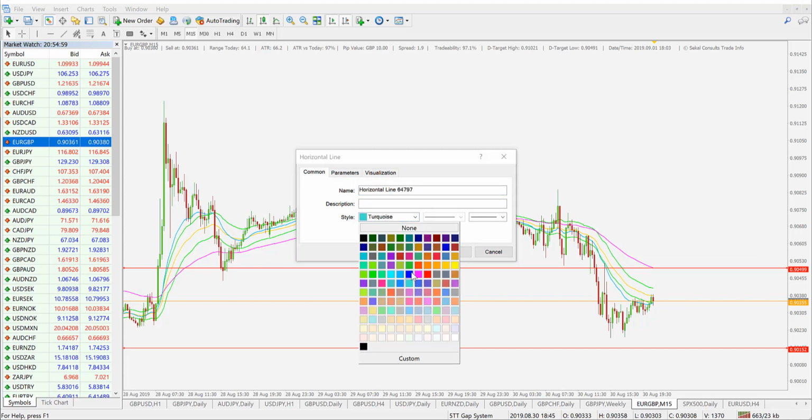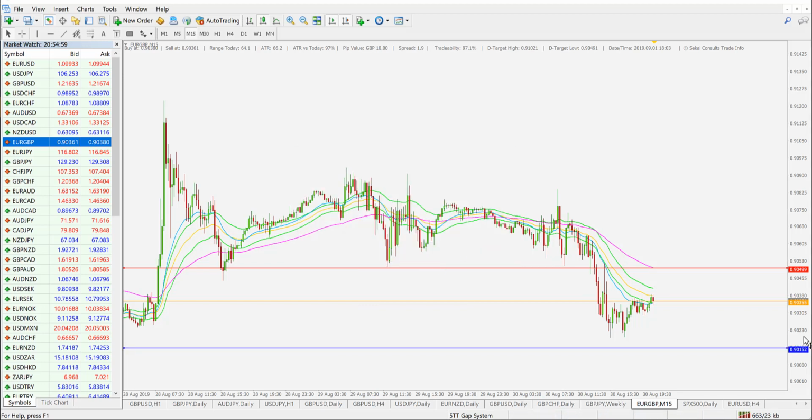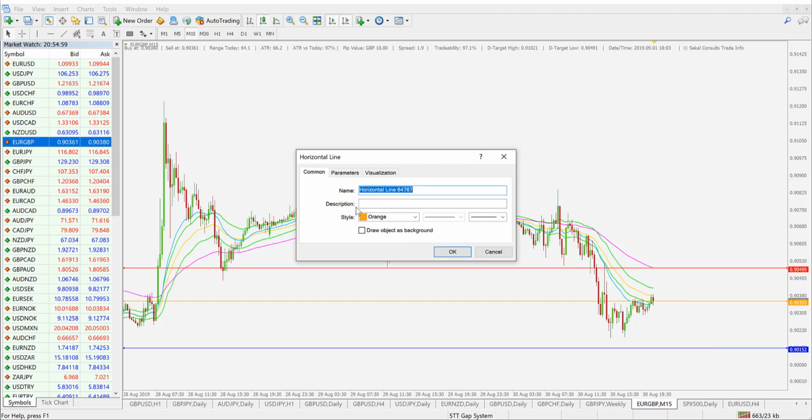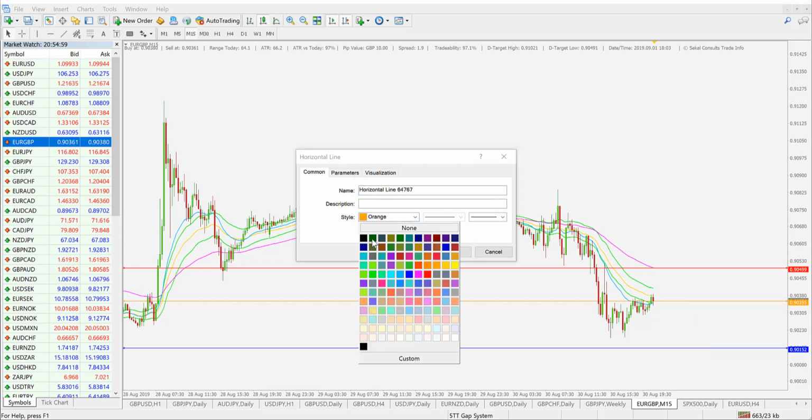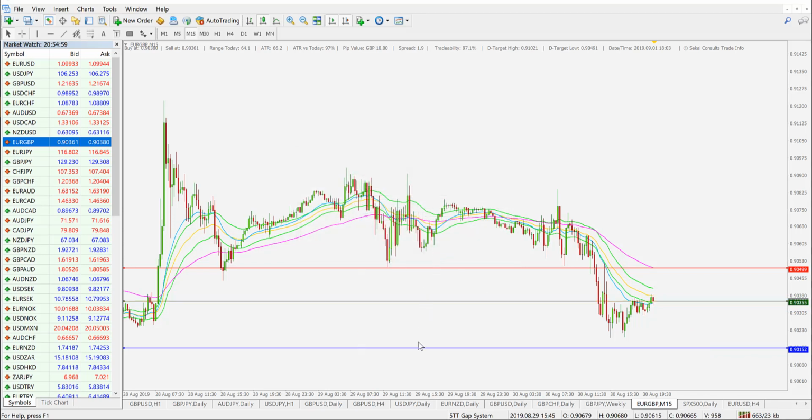No, let's make this a green. Just keep things consistent. Okay, so that's my entry price. It's a sell entry, so I'm expecting price to move downwards. So that's my sell price, that's my stop loss, and that's my take profit.